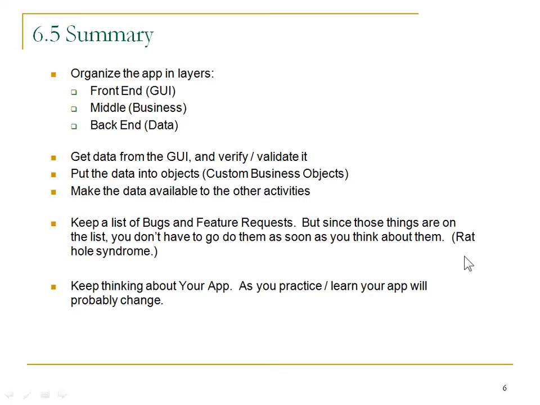Oh, I hate rats. So the way of stopping the rat hole syndrome is you keep a record of the bugs that you find and the feature requests that you think of or people tell you about, and that kind of says, okay, I don't have to do it right now because I have it documented, and I can come back to those, and I'm going to keep going in the direction that I intended to go.